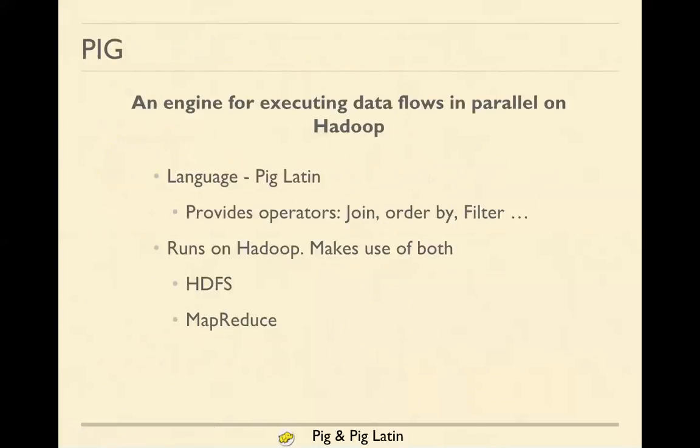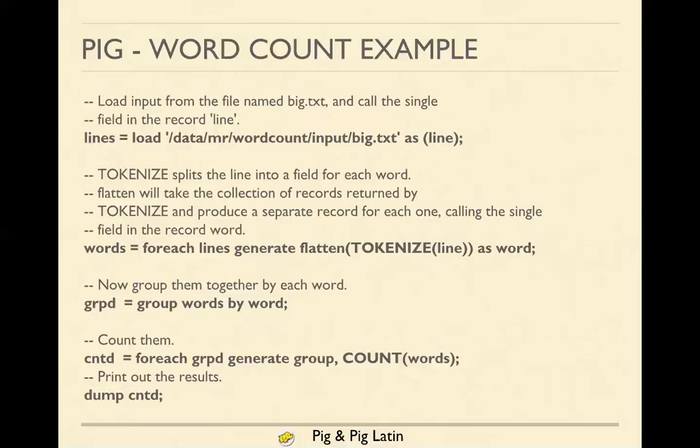It's basically an engine that executes data flows in parallel on Hadoop. Theory wouldn't make sense right now. It runs on Hadoop and makes use of both HDFS and MapReduce. Probably this example will make more sense to you. Here we have lines equals load this file as this data type, which means lines will become a kind of huge table containing a single column.